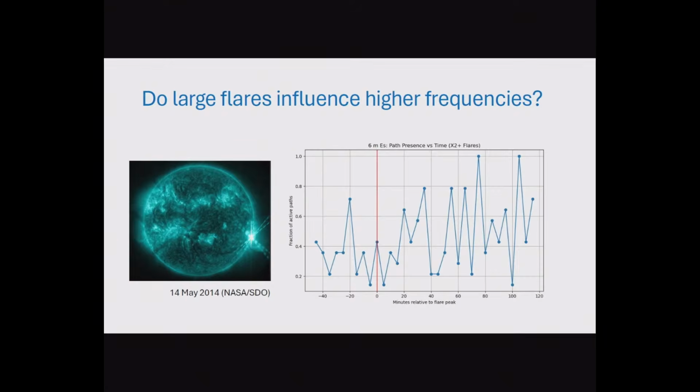Okay. I had a look to see if there was anything happening a little bit higher up in frequency. So this is 6 metres. Again, it's the same kind of plot as the others. Relatively low statistics there. Of course, most people are doing WSPR more in the HF band. Would you expect to see something at 6 metres?